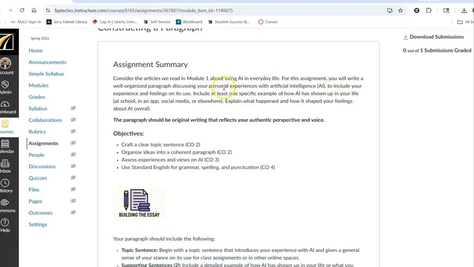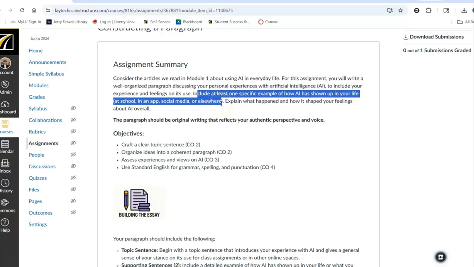You're going to write about your personal experience with artificial intelligence to include your experience and feelings on its use. That's the main idea. That's the topic sentence. The very first sentence should be about this. Include at least one specific example of how AI has shown up in your life. This is going to be the evidence, the E in the meal plan.